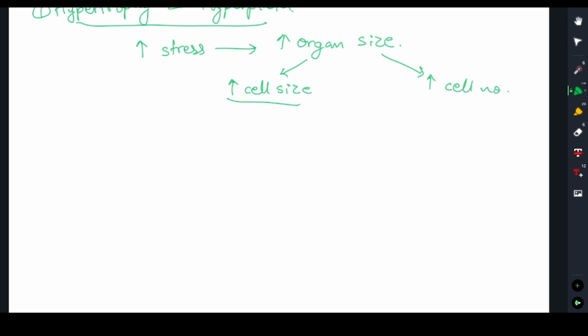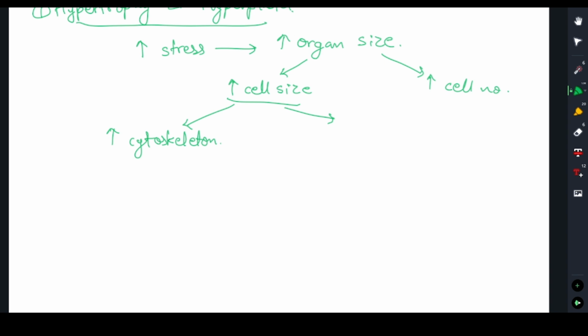Now to increase the cell size, first of all, you will have to build the skeleton on which this increased size of cell will be stable. So first of all, you will have to increase the cytoskeleton in the cell in order to provide that framework for the extra part you are forming just to counteract the stress.